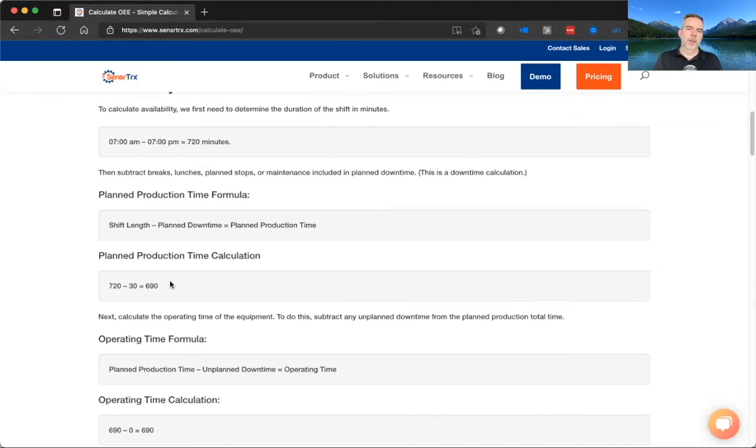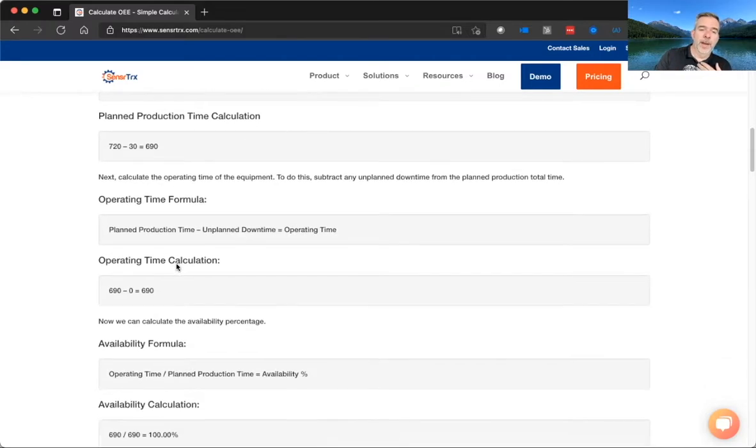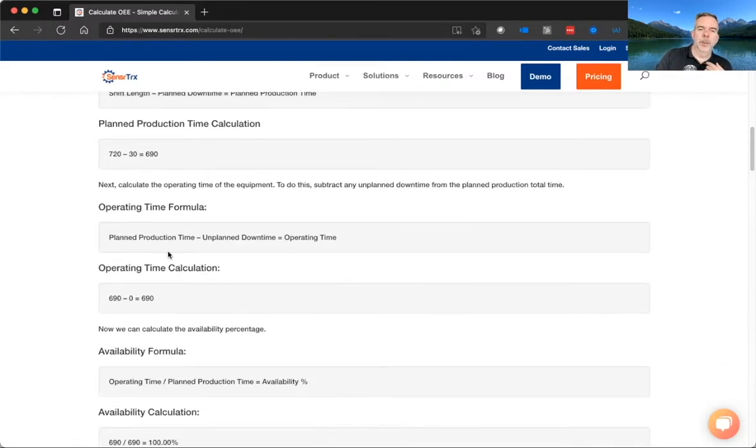Okay. So the next step of calculating availability is I've got to figure out my actual downtime, so my unplanned downtime. And the formula for that is planned production time, so the answer we got above, 690, minus our unplanned downtime. So right now we have no unplanned downtime, so our total operating time is 690 minutes.